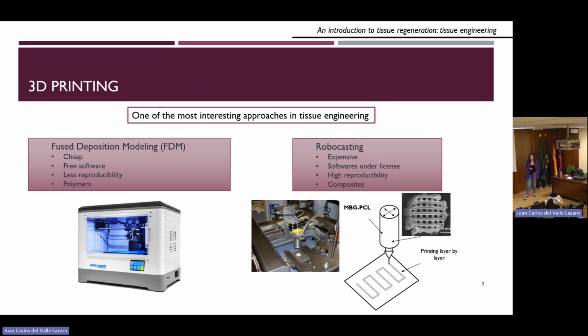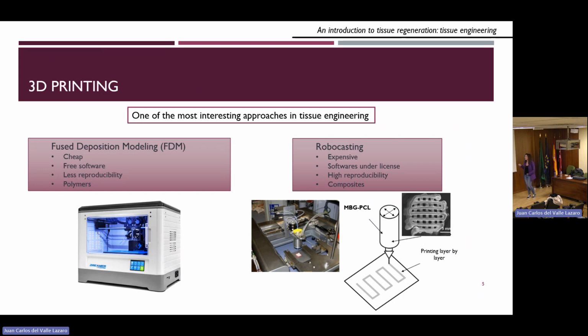We can get free software, but it's a bit less reproducible when we want to make small pieces. And it's mostly focused on polymers; we can mostly print polymers. This printer is about 1,000 euros. Everyone can have one, more or less, if you save a bit of money.